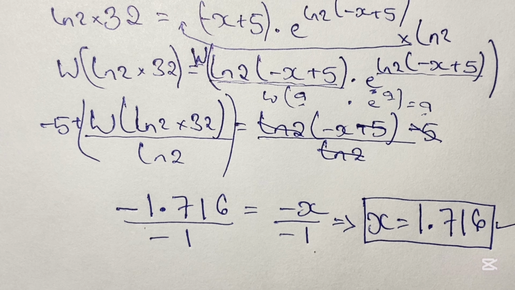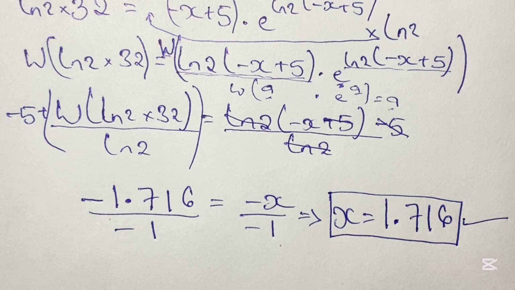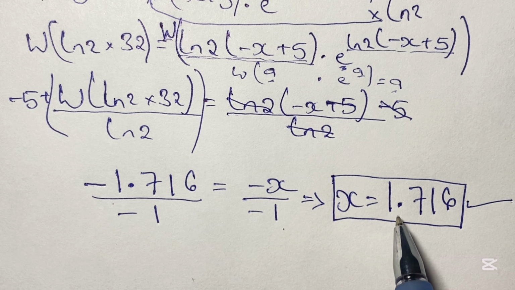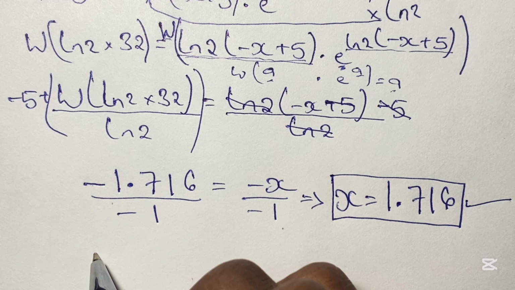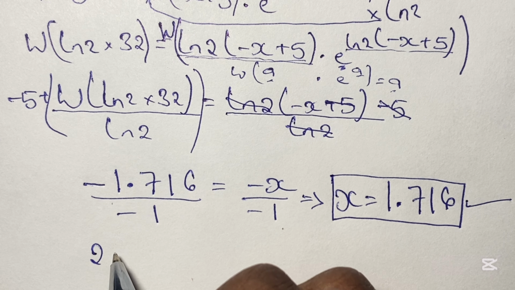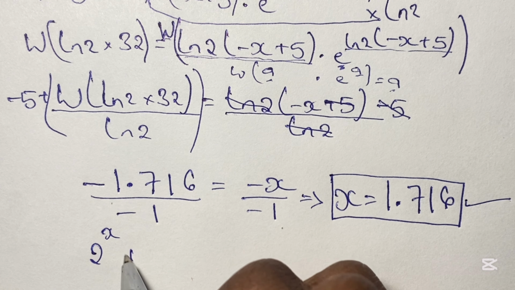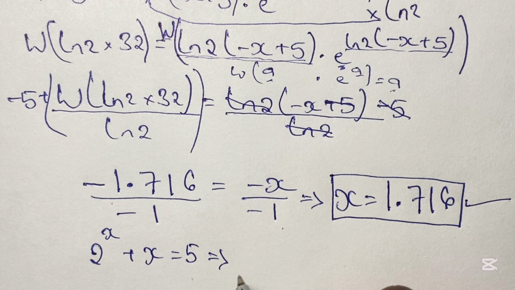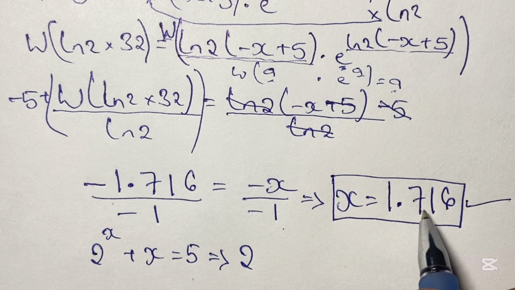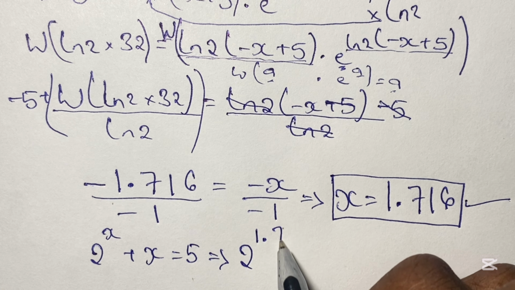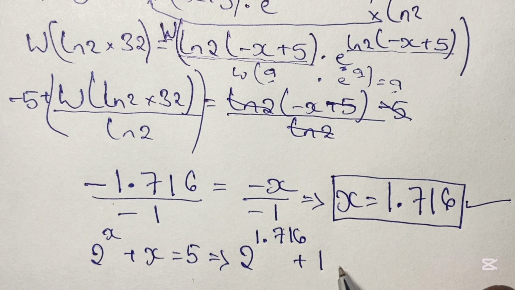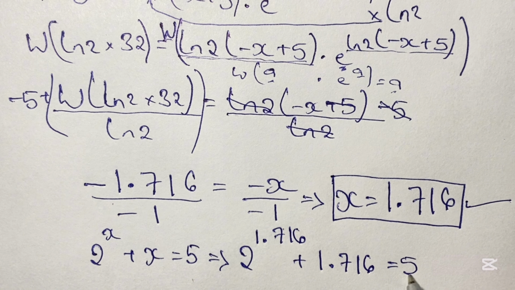Now what we can do from here is verify this solution of x. So we're just going to write out our original equation. We have 2 to the power of x plus x is equal to 5. Now we did estimate that x would have been equal to 1 point something. And now in our workout we do have a value of x which is also equal to 1 point something. So we have 2 to the power of 1.716 plus 1.716 is equal to 5.